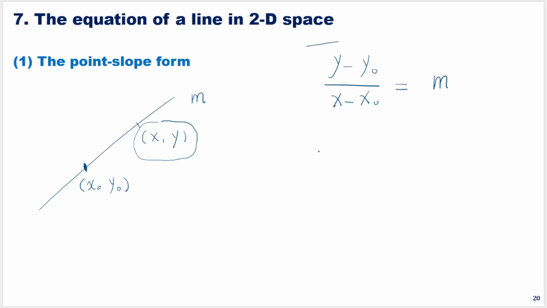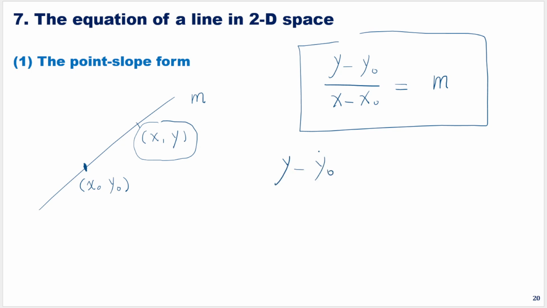Therefore, we always have this relationship. Did you get it? And you can multiply both sides by x minus x naught. So this gives us y minus y naught equals m times x minus x naught.